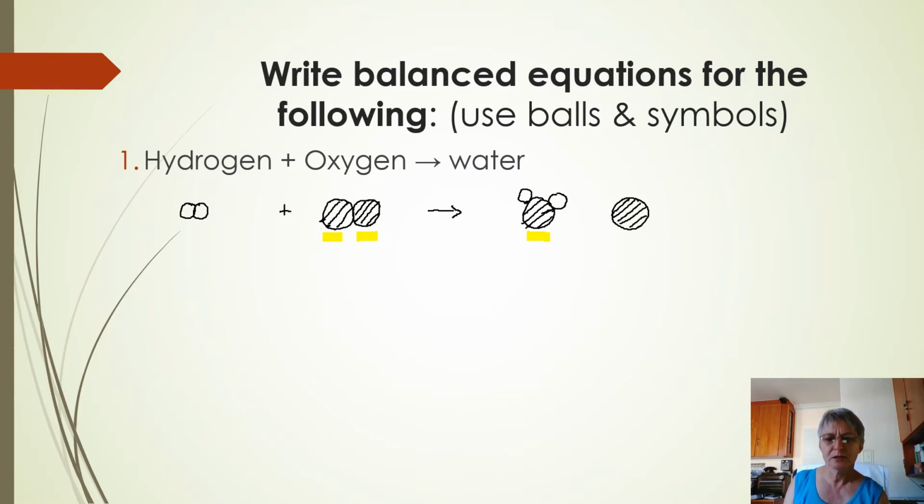But on the product side of the reaction, we can only have water molecules. So the oxygen must have formed bonds with two hydrogen atoms. Now, the oxygens are balanced.